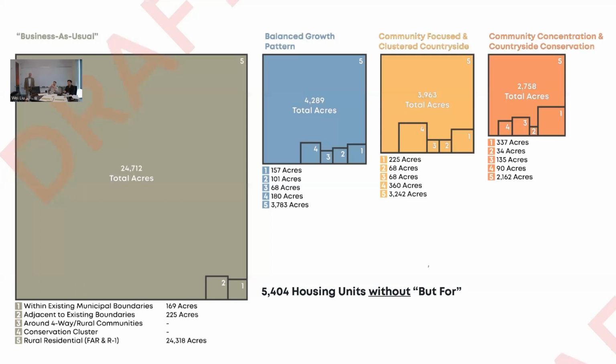But the general theme of this is, we're working with a lot of different variables. We've heard that we want to reduce the impact on some of our working countryside and natural features, so it's one of the things we're starting to achieve here. We also understand that we want to reinvest in our existing communities. In some cases, we have properties that are underutilized, if I'm being kind about it. We've heard that from you guys, working on the corridors and our gateways within our existing municipalities.